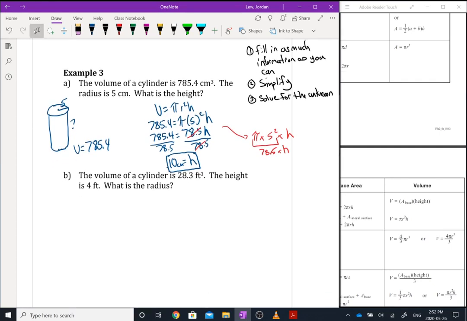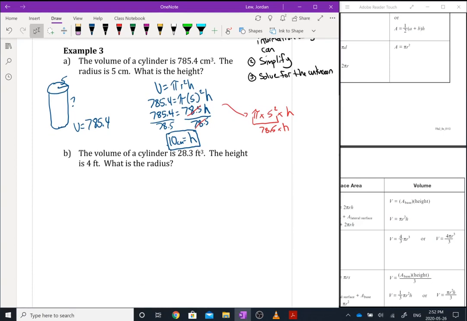For B, B is the same idea, except now we're solving for a different measurement. So we're still dealing with a cylinder, so I'm just going to draw roughly my cylinder here. I don't know what the radius is, but I do know that it would be here. I know that the height is 4 feet here. And I know that the volume is 28.3.